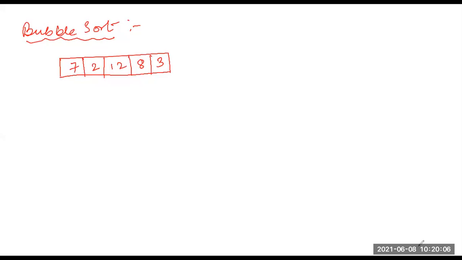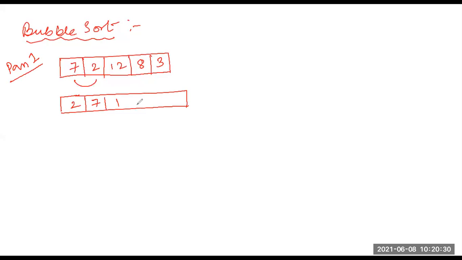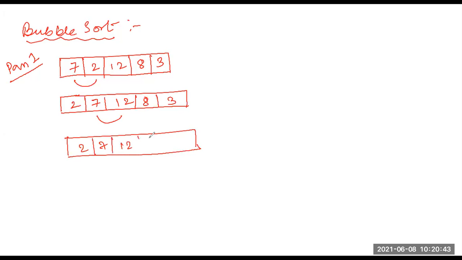We compare each and every pair of elements starting from the first location. So this is pass 1, the first iteration. We compare 7 and 2. 7 is the larger one, so they will be interchanged, since it needs to go towards the last. Then we compare 7 and 12. 12 is the larger one and it is at the right position between the two.